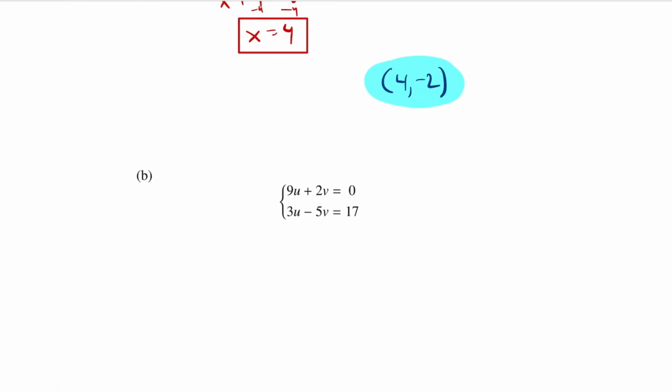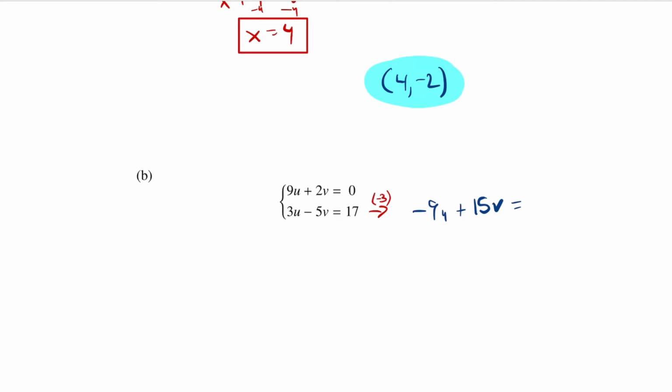For this problem, we're going to do the same sort of thing. We're going to do elimination, but in this case, I'm going to multiply the bottom equation by -3 so that I can make this a -9, and then I can eliminate. So bottom equation, multiply that by -3, we get -9u plus 15v equals, I believe that's 51.